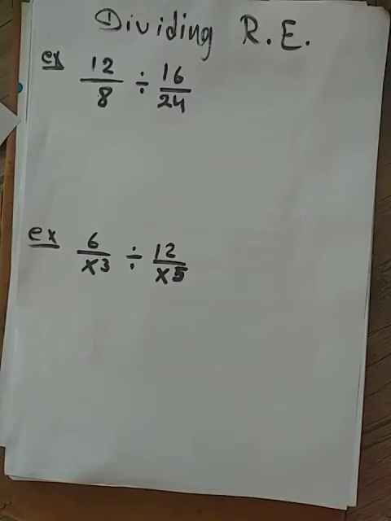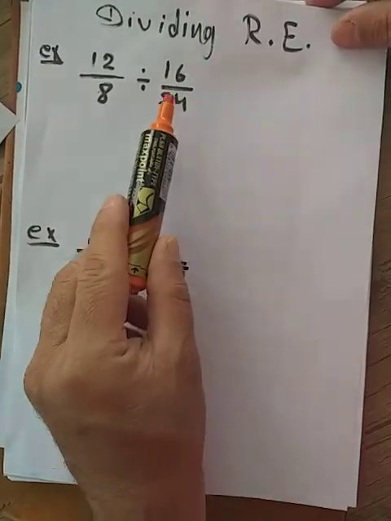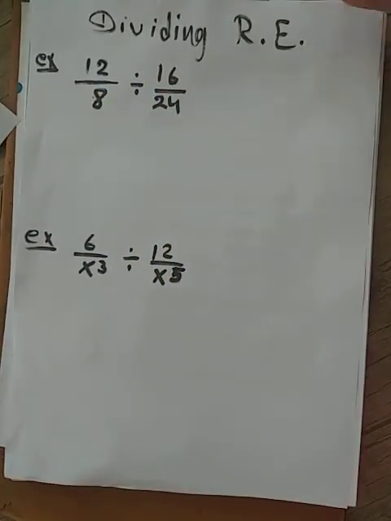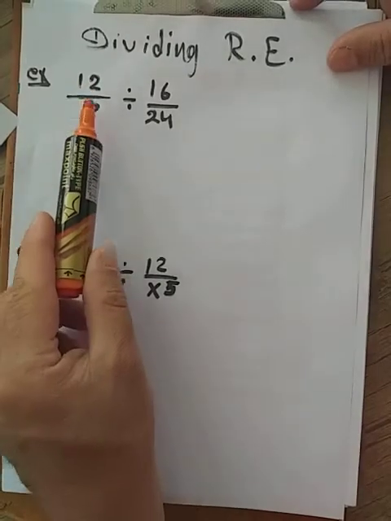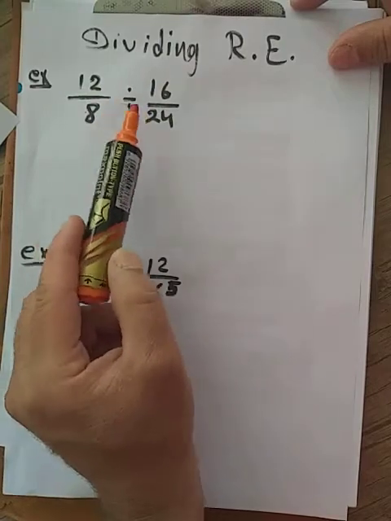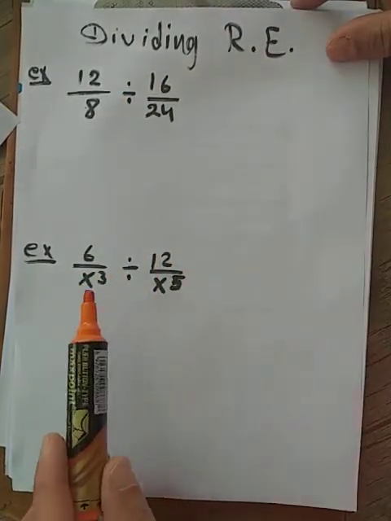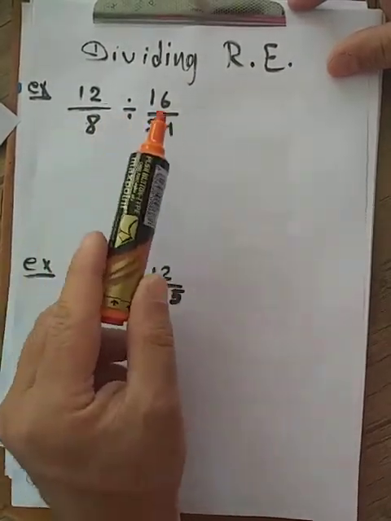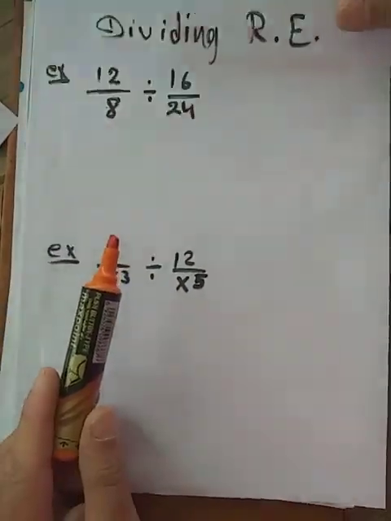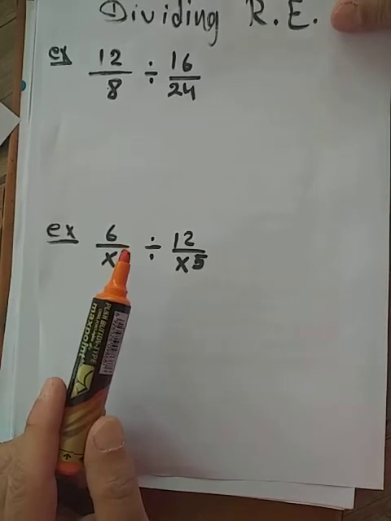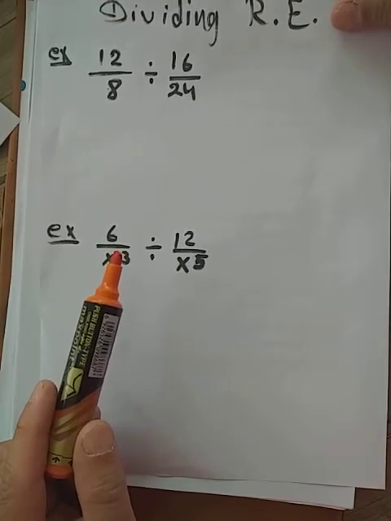As you know, dividing one rational expression by another is similar to dividing one rational number by another. It's the same as if we divide a rational number. This is a rational number and this is a rational expression. What's the difference? We have just numbers, we have variable expressions.